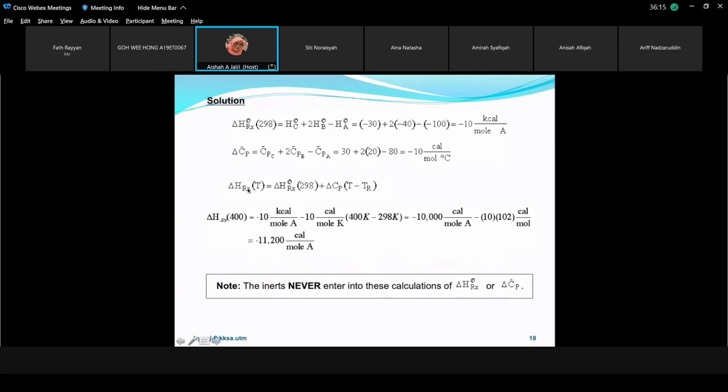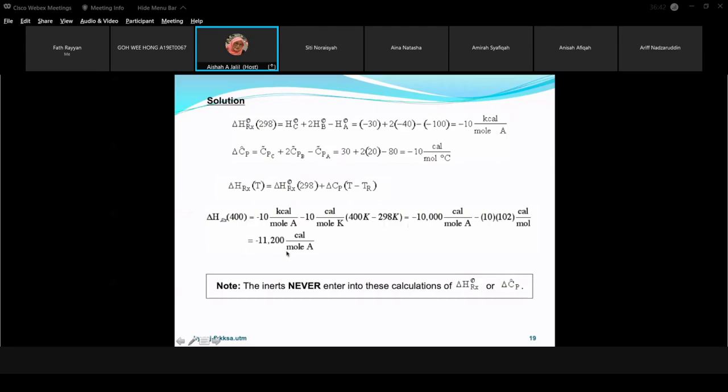And then you can get the delta HRX at 400 becoming like this equation, and then you calculate. This one is from this, then you get this, and then 400 minus T reference 298, and then you can get like this.